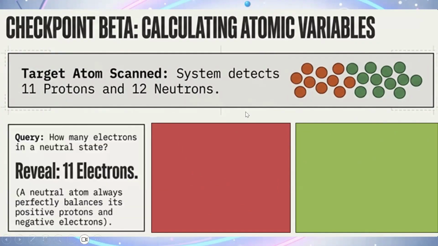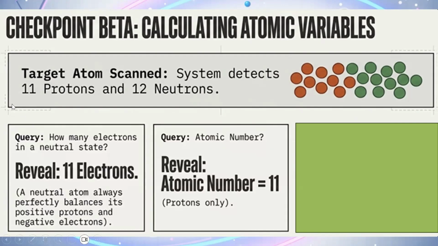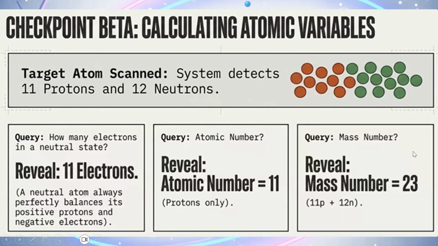Let's start with the number of electrons. We just said it's 11. A neutral atom always has a perfect balance between positive protons and negative electrons. The answer is atomic number 11, the same as protons, protons only. And mass number is 23, 11 protons plus 12 neutrons.